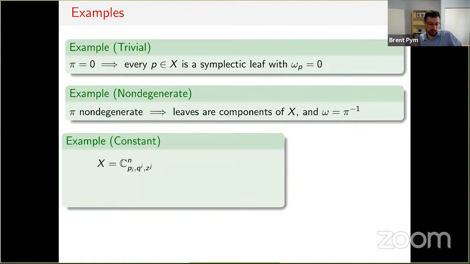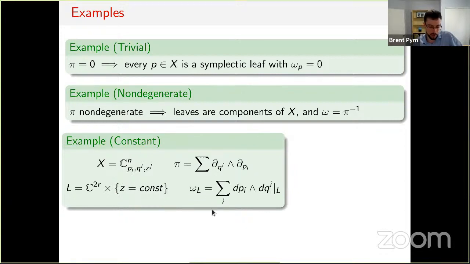Somehow in between these examples, we could have an example which is, say, constant in coordinates. So the bivector looks like this Darboux form, but there are some extra coordinates z. So then the leaves are just the level sets of the z coordinates, and the 2-form is given by this standard form restricted to every leaf. And so you get a kind of picture like this.